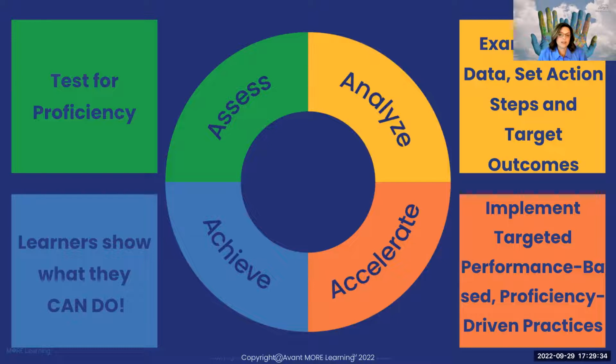You really can start at any of the 3 areas: assess, analyze, and accelerate. Because if you were to begin by testing, that's going to be your ground level baseline data that you're going to use to begin to inform your journey to proficiency.